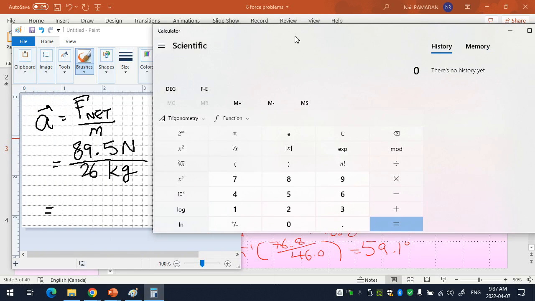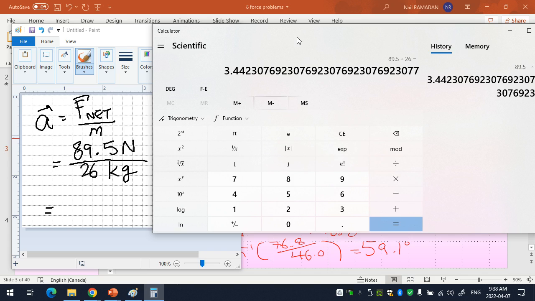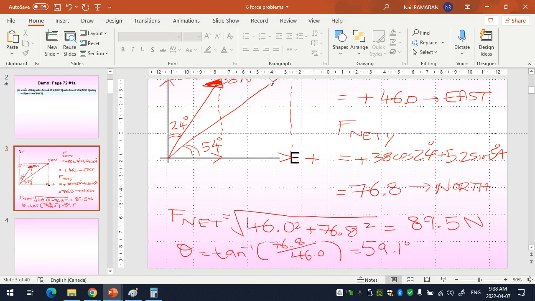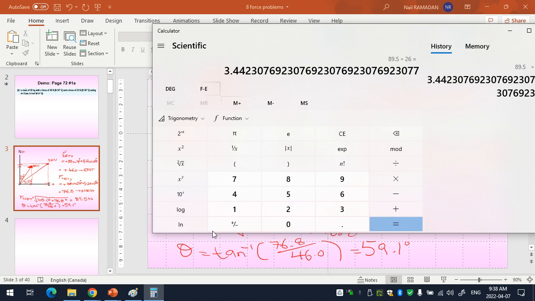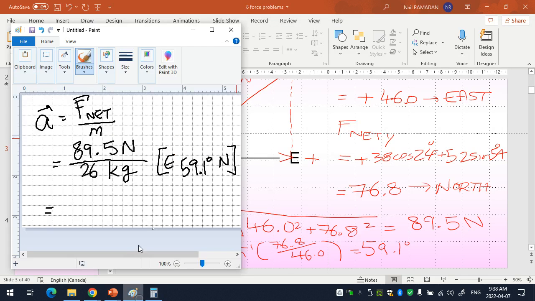Okay, 89.5 divided by 26, to two significant figures. So that's 3.4 meters per second squared east, well, it has to be then 59 degrees north.